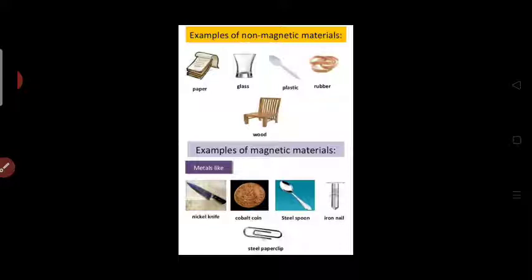If the magnet is able to attract certain things, they are considered magnetic materials. But if they are not attracted towards the magnet, that means they don't have the property of a magnet, and that's why they are called non-magnetic materials.